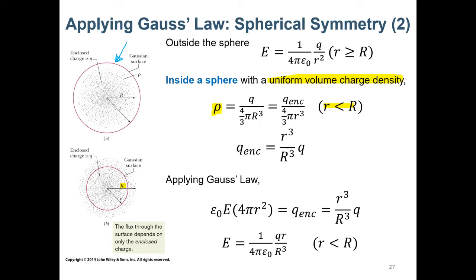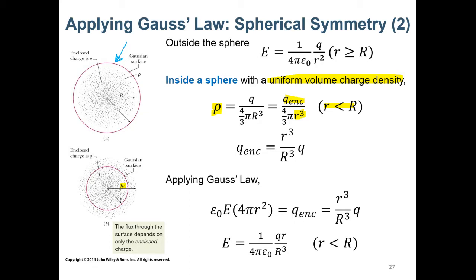So rho should be the total charge divided by the total volume, because it is uniform. For the inner part, the enclosed charge corresponds to the volume only up to small r cubed, because it is still a sphere, but a smaller sphere.